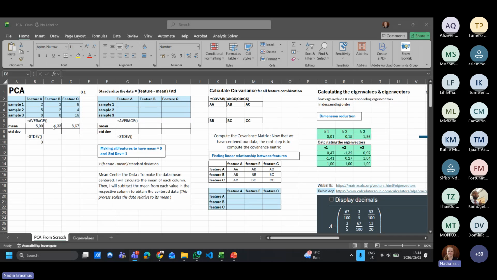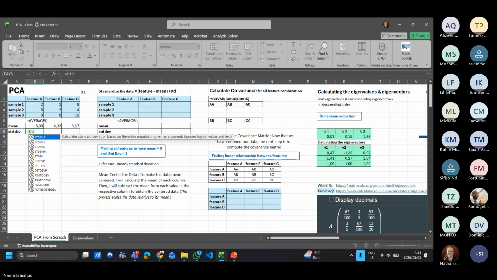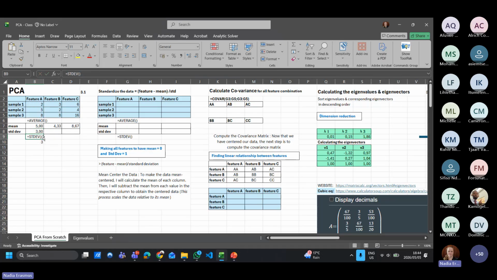Okay. Then we're going to get the standard deviation, and I'm going to show you now. You can still use the standard dev one, or you can use the standard dev S because it's a sample. So it's a sample data. It's not a whole population.